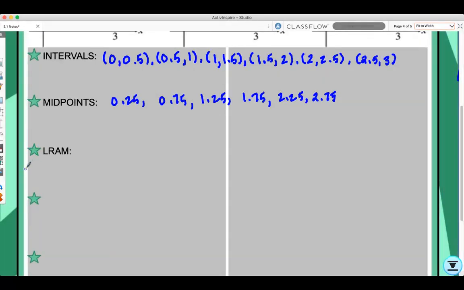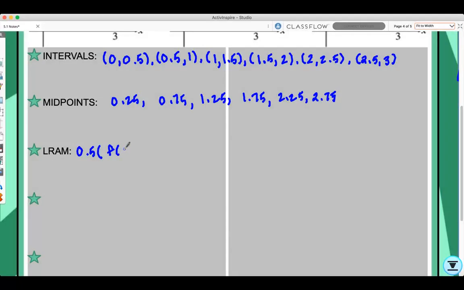Let's go ahead and use our left rectangular approximation method. When we do this, we take the width of each rectangle, so 0.5, times f of each left endpoint.